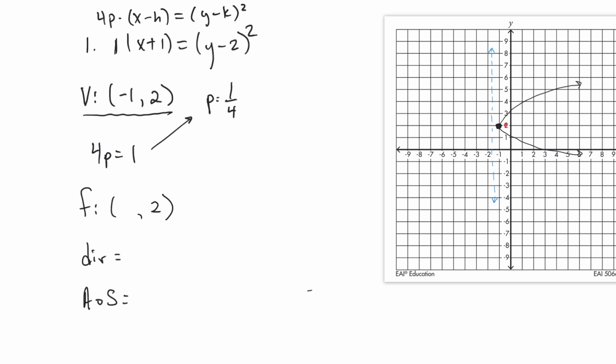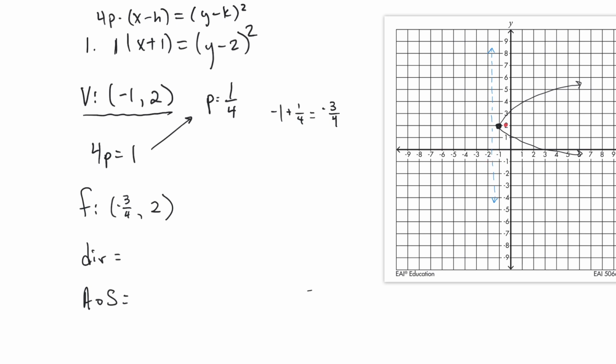In this case, we know that p is 1/4, so if we're at -1 and we go to the right 1/4, then my new x-coordinate is going to be -3/4 or -0.75. So we would say -3/4. We were here at -1, and I moved this direction just 1/4.